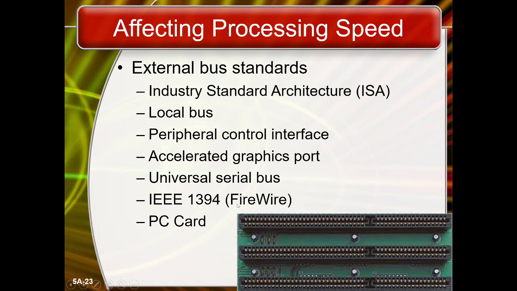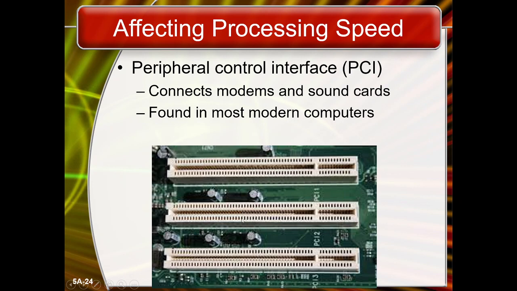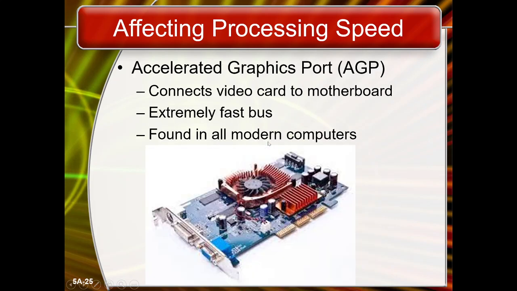There is another standard, Firewire, IEEE 1394, and different PC cards. This is the PCI slot. It connects modems and different sound cards. This is AGP, accelerated graphics port. It connects the video card to the motherboard, extremely fast, found in all modern computers.